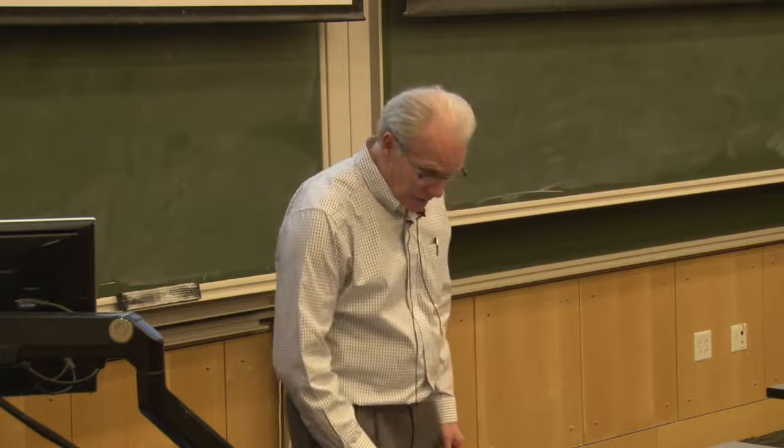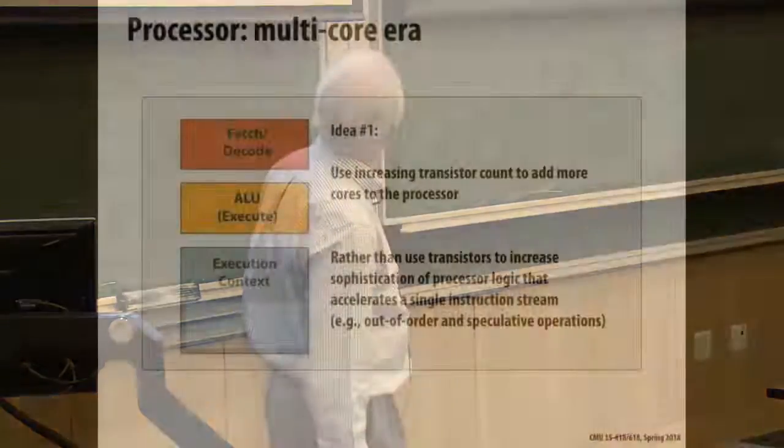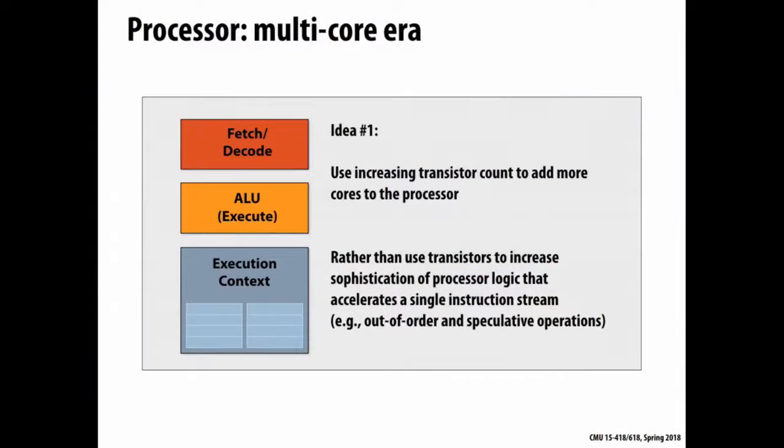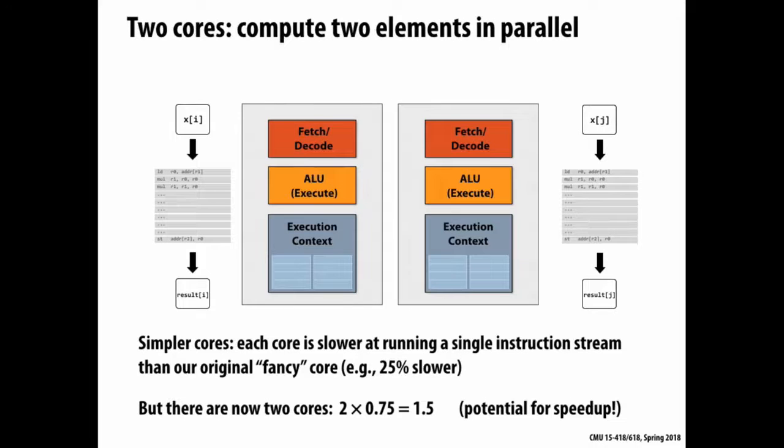So the idea then was to say, well, if we're going to use all this hardware, instead of just building one giant monolithic processor, let's go ahead and split it into multiple processors that each of them will be somewhat less capable than the original, but I'll have two of them.